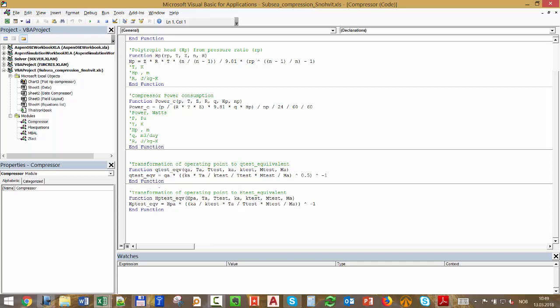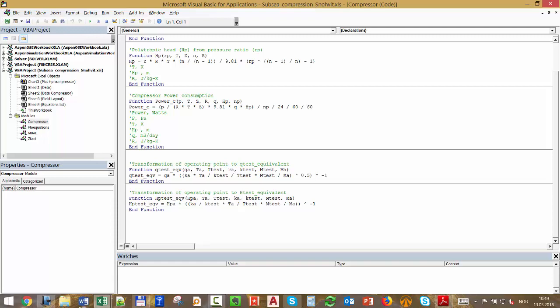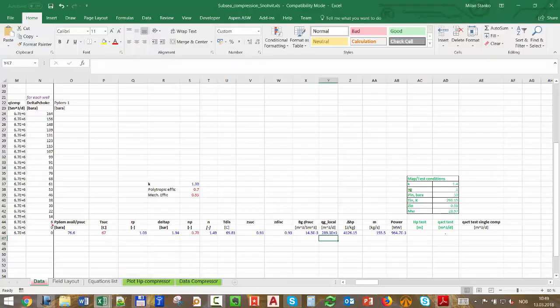And they give you the test polytropic head if you have the actual polytropic head. So that's exactly what we want. Remember, we want this number if we have this one, the one that we have calculated. So let's do that very quickly before you fall asleep.